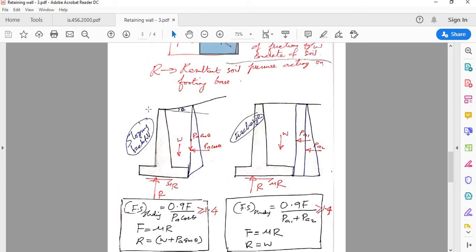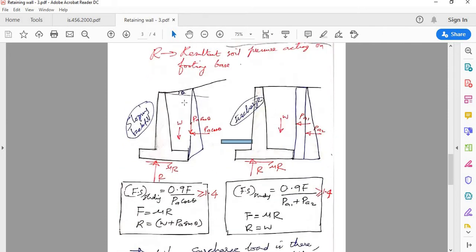So again, we treat separately the case with sloping backfill and the case with surcharge. So these are the diagrams. Now I have not drawn the soil depth on the other side, but anyway, it is there. In the case of the one with sloping backfill, just like we said last time, you have a horizontal component PA cos theta and a vertical component PA sin theta.